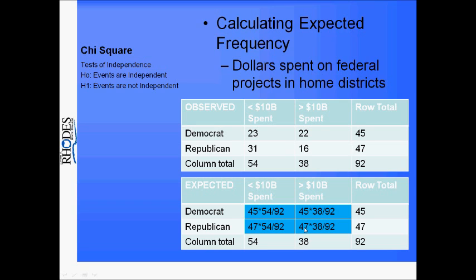Same thing here: this one is 47 and 38, where those two numbers intersect is this particular cell. So 47 times 38 divided by 92, which is the total. All 4 of these are divided by 92, the total, and when you do that, it gives you an expected frequency.